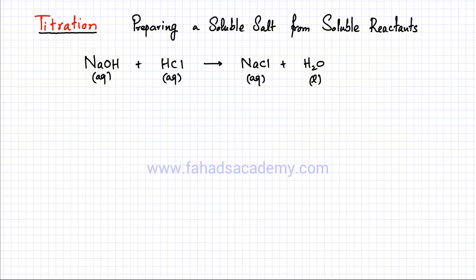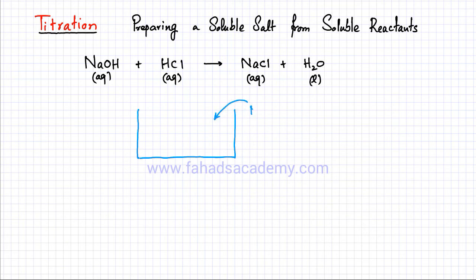Now we're going to try and prepare NaCl. Let's try and use the previous methods that we did. Now what we can do is we can go to a lab and we can take a beaker. So let's say this is my beaker. And what I'm going to do is I'm going to pour some NaOH into it.